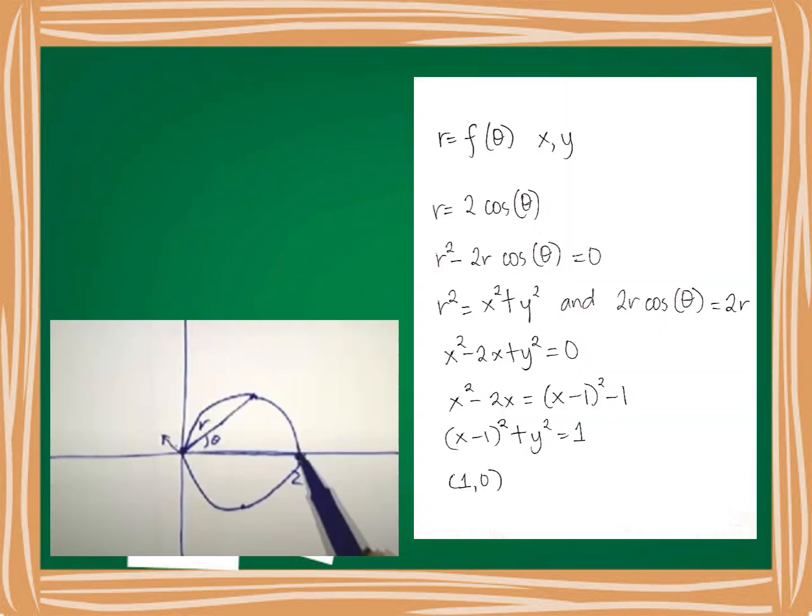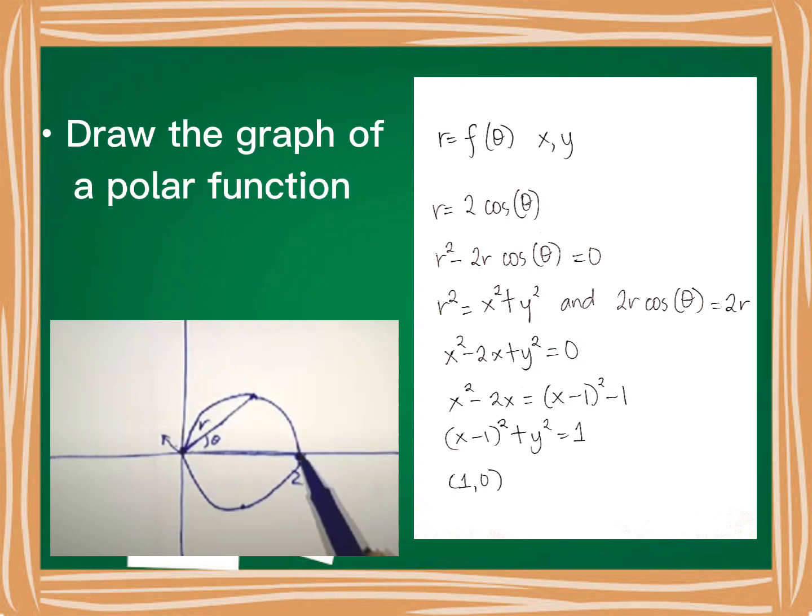The first method to try for drawing a polar graph is to rewrite r = f(θ) as the relation between x and y, and then draw this relation. For example, when r = 2 cos θ, then we have r² − 2r cos θ = 0.